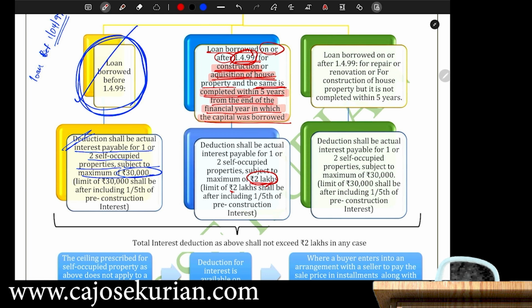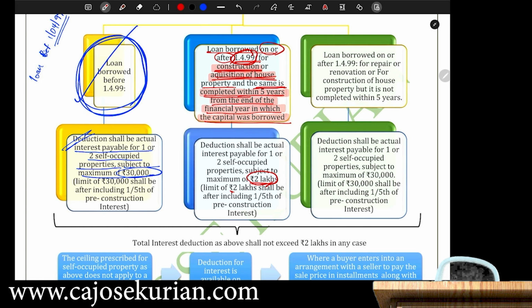That's what I said. I have 2 properties, 2 loans. All together 2 lakh. Maximum combined threshold 2 lakh. It's not per property. For a person, 2 lakh. Not for the loan, not for the property. So that's what we were saying. Deduction shall be the actual interest payable for one or two self-occupied properties, subject to a maximum of 2 lakh.